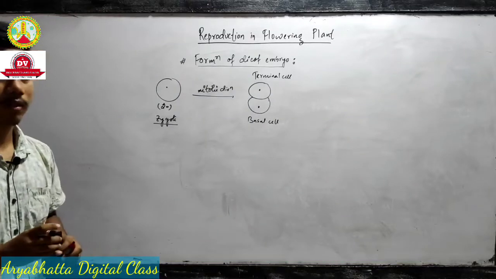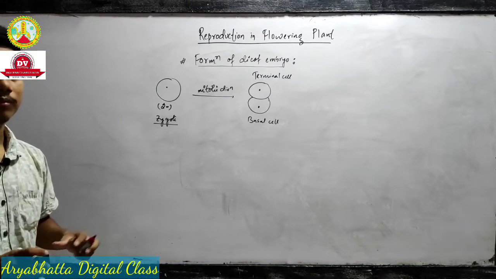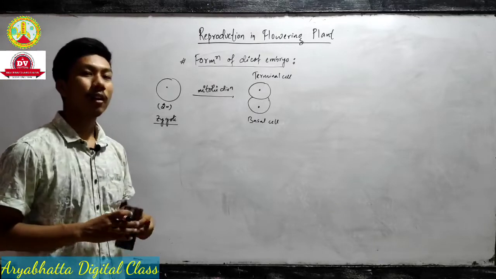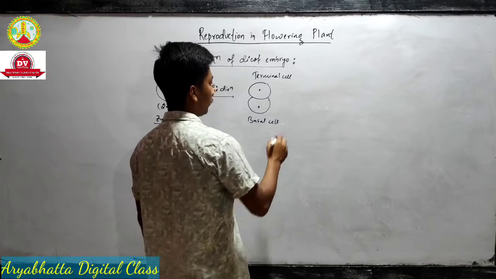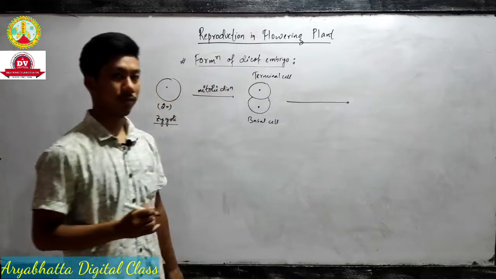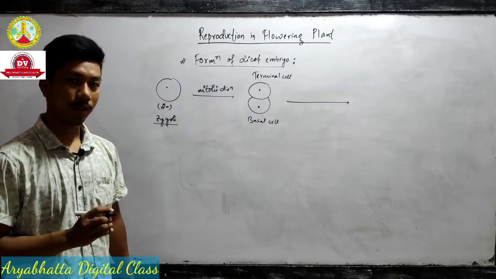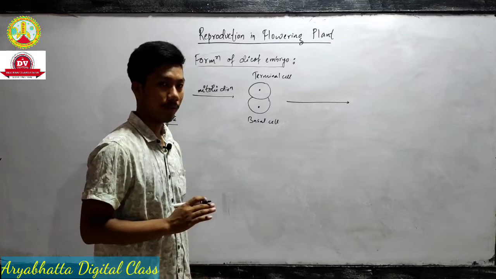Alright, the first thing that happens: the zygote undergoes mitotic division and forms the upper terminal cell and the lower basal cell. Good. Right? So next what happens? Again it will undergo further division. Mitosis only, okay? Only the mitotic division takes place in the formation of dicot embryo.